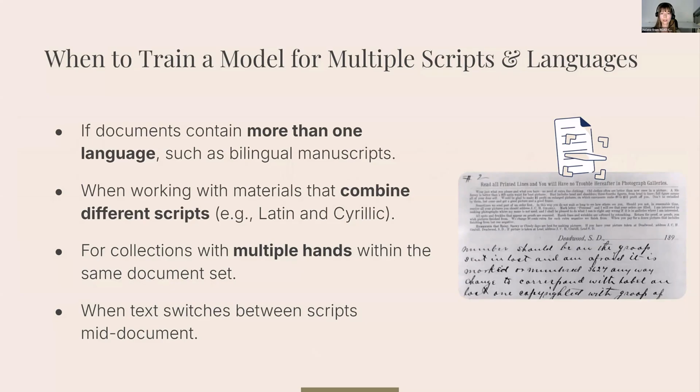So for example, that combine different scripts, or that have multiple hands in there, or for example, if a text switches between scripts mid-document. What is important for the model is that it sees all the different scripts during training. So if you work with documents that have different scripts or different hands, then it's necessary to include all this data, or all these pages with ground truth, in the training data.